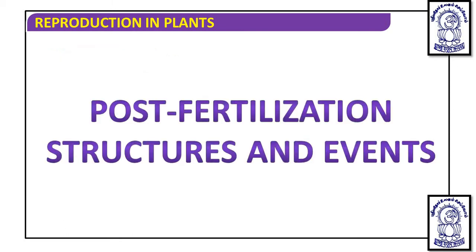Okay, dear students. After artificial hybridization, we will be dealing with another topic: post-fertilization structure and events. In this, we will be dealing with two important events, that is endosperm and embryo. Okay, so I hope you all are thorough with this and understood till now.